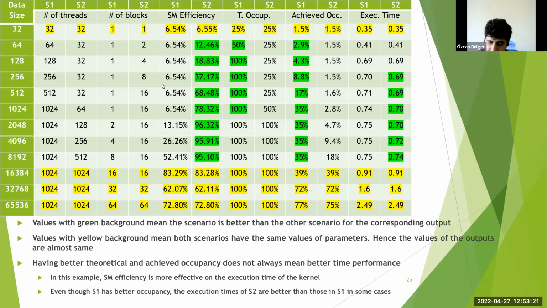But our main output, our main comparison, is about execution time, of course, because our main target is to achieve better execution time.